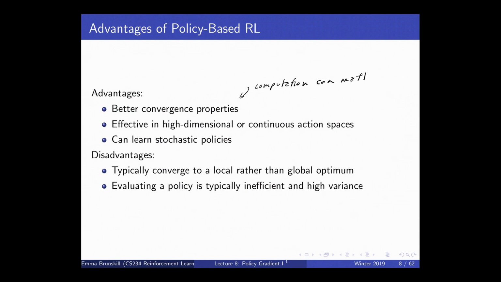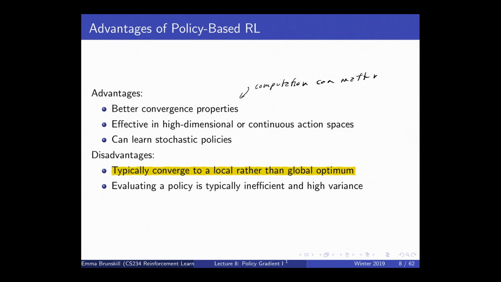One of the really big disadvantages is that they are typically only going to converge to a local optima. So we're going to converge to something that is hopefully a pretty good policy, but we're not generally guaranteed to converge to the global optima. Now, there are some techniques that are guaranteed to converge to the global optima, and I'll try to highlight some of those today.